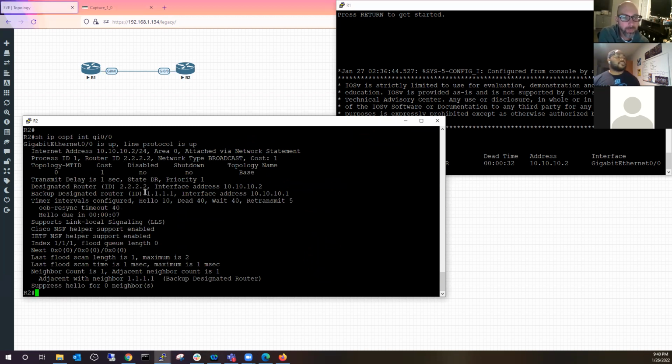So when you're thinking about who's going to be designated router, you want to think about priority. Priorities can be selected from 0 up to 255. The router with the highest priority wins the designated router selection.